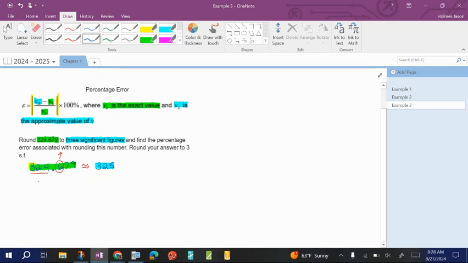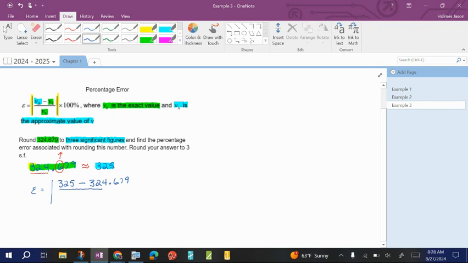Okay, time to go ahead and put it into our formula. So E equals the absolute value of that approximate value, 325, minus that exact value, 324.679.